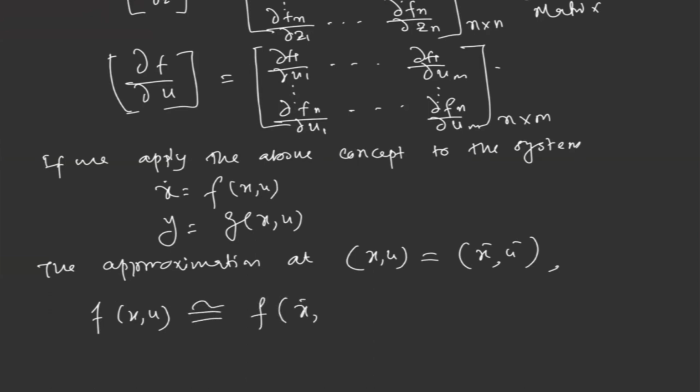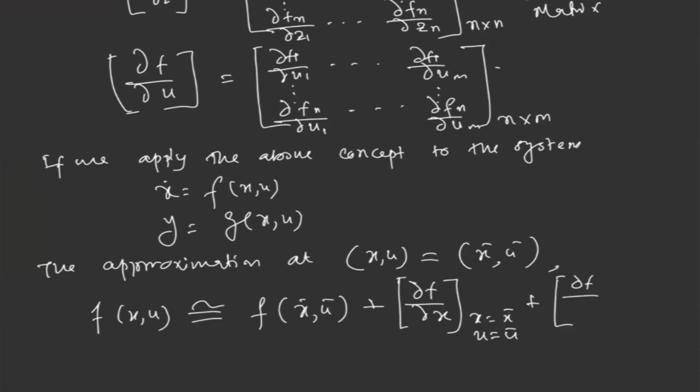f of x bar, u bar, plus dou f dou x at x bar, plus dou f dou u at x equal to x bar, u equal to u bar, times u minus u bar.